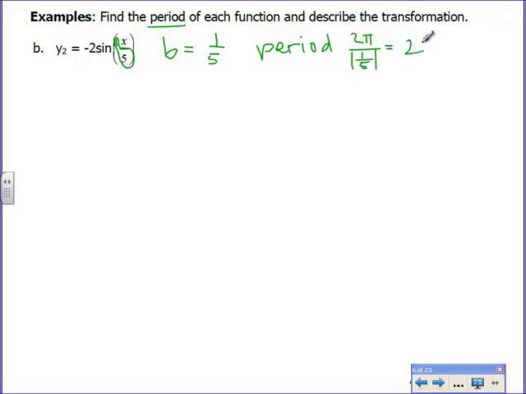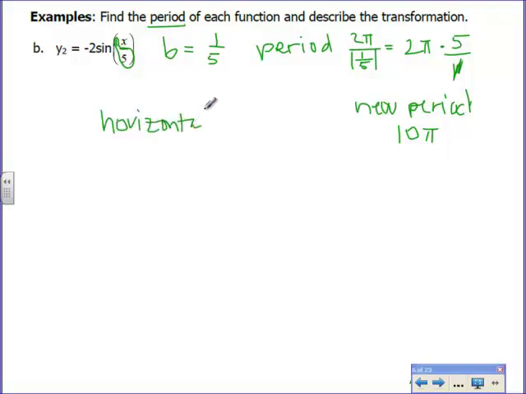If you flip and multiply, that's going to get you 2 pi times 5 over 1, which means your new period is 10 pi. What that did was stretch you horizontally times 5. So you've got a horizontal stretch times 5.